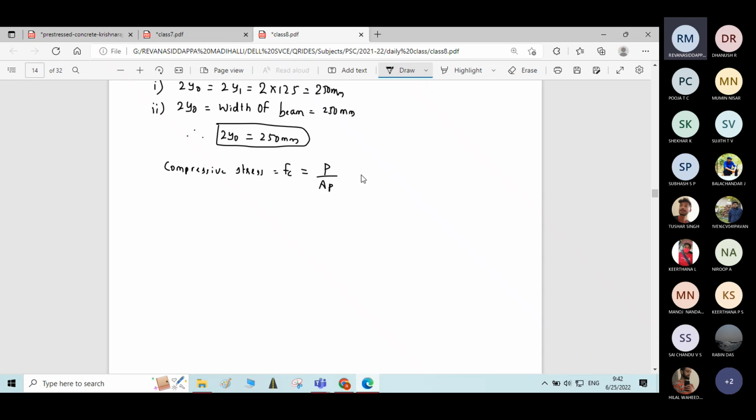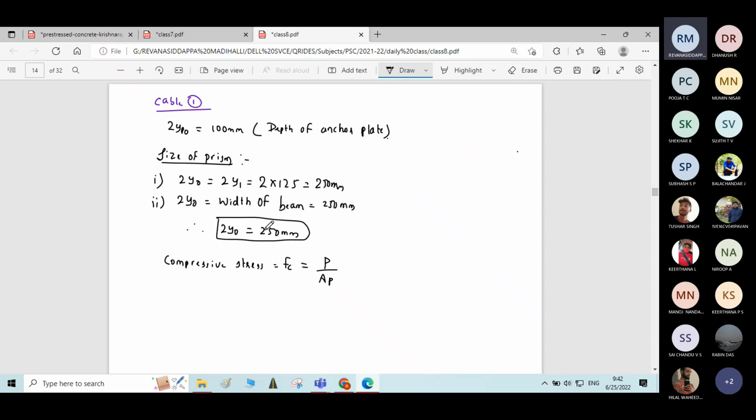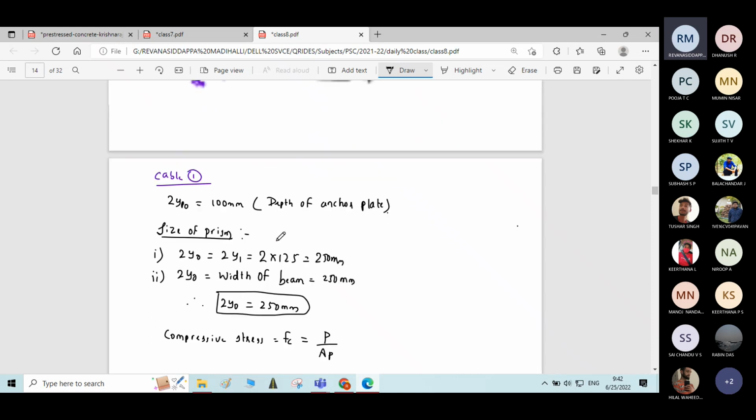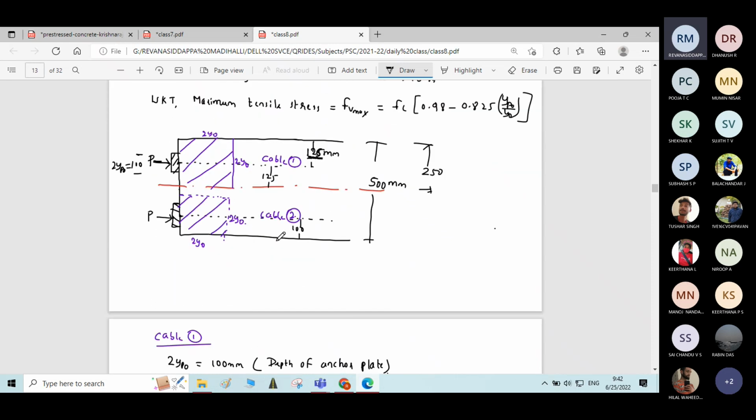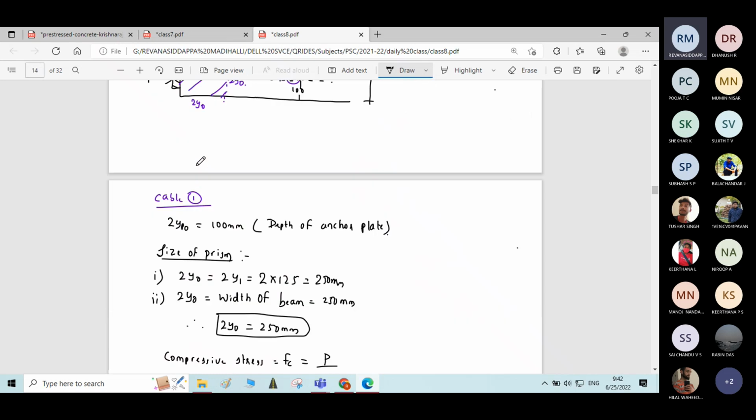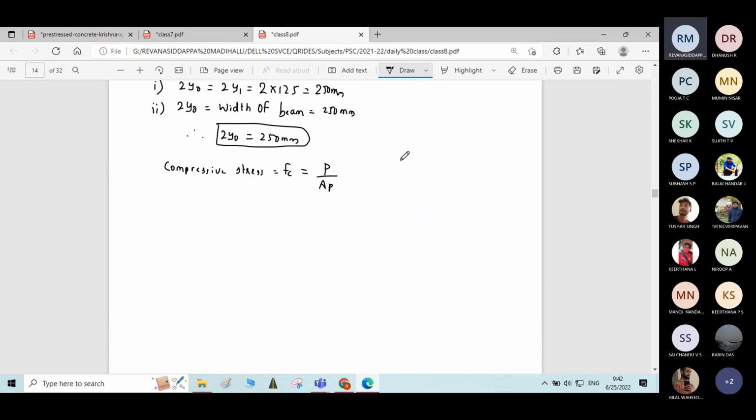We have just calculated the side of the prism as 250 mm by 250 mm, which gives the area of the prism for the top anchor plate.